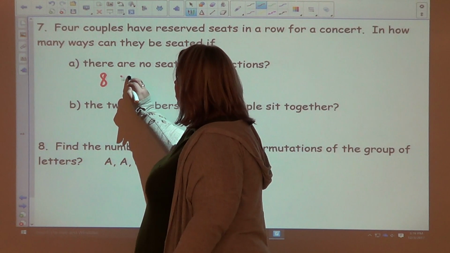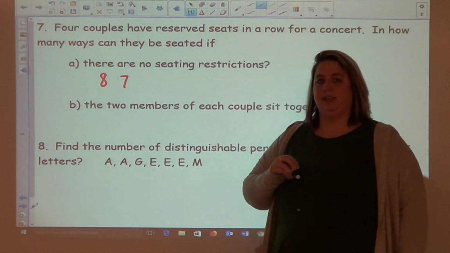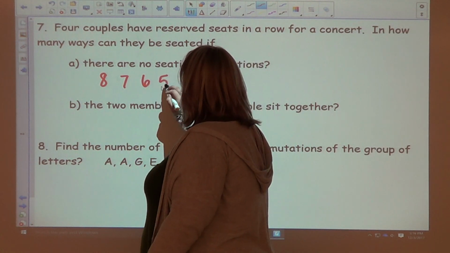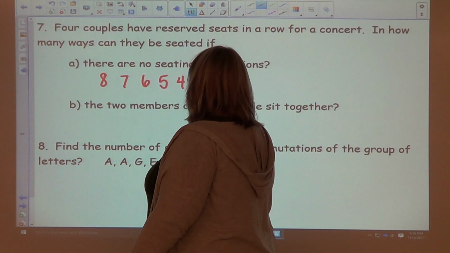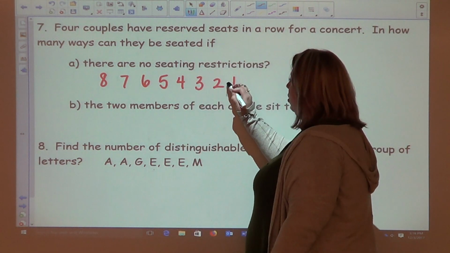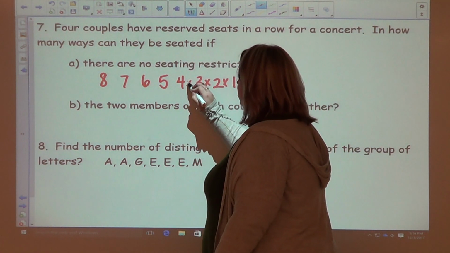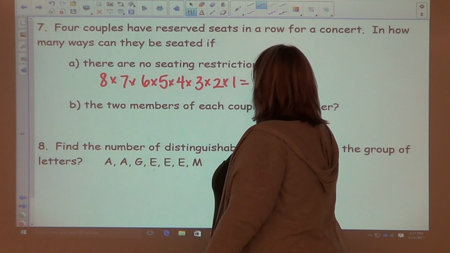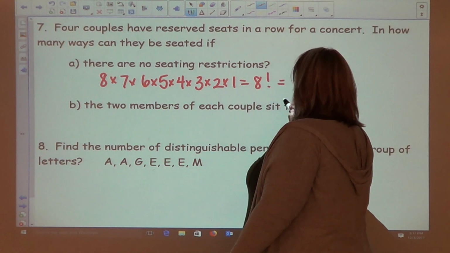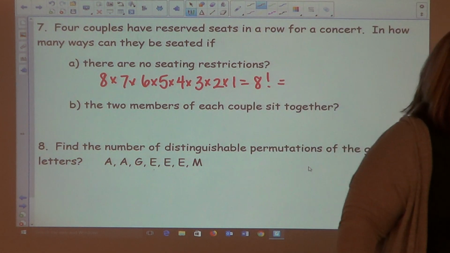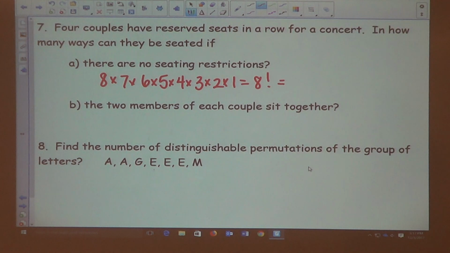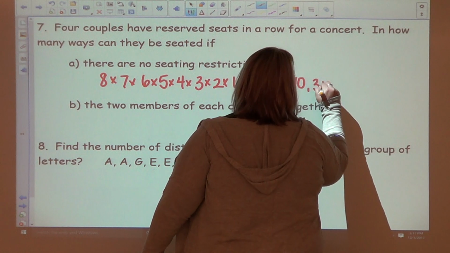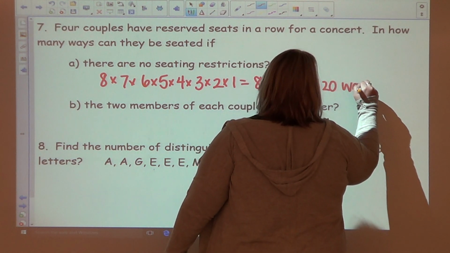That means there's 7 people that can sit in the second seat. Then in the third seat, it goes on down all the way until you get to the last seat. And this should look familiar when you see it multiplied, every number down to 1. That's a factorial. So if you realize it's a factorial right away, it might be a little easier to solve. This would be 40,320 ways.